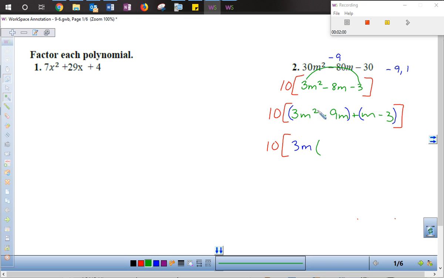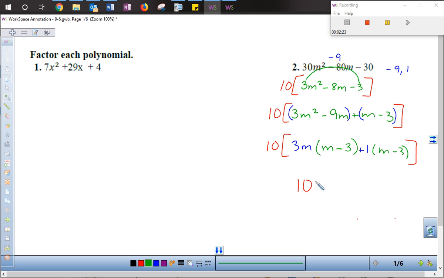So 3m squared divided by 3m leaves me with m. 9m divided by 3m leaves me with 3. And then in my second binomial here, m minus 3, there isn't a GCF, which just means I'm going to take out a 1, and I'm left with that m minus 3. Now finally, I can bring down my GCF.